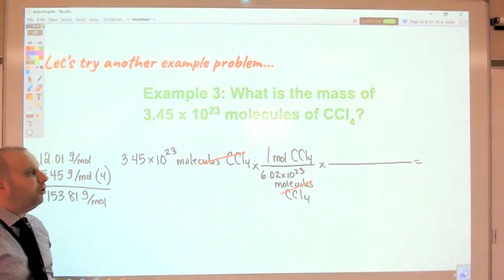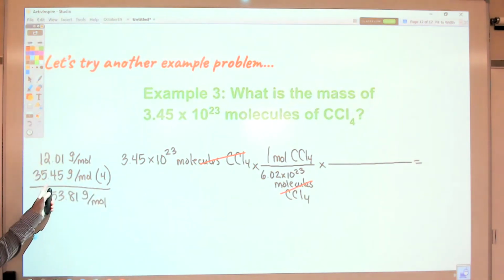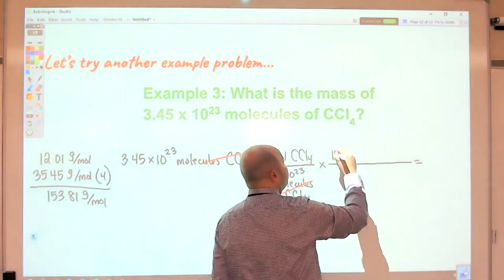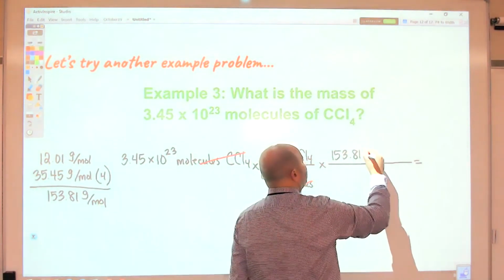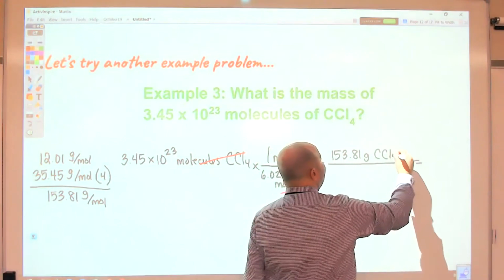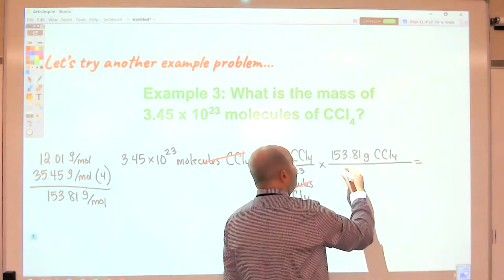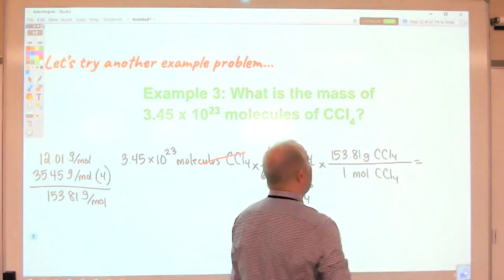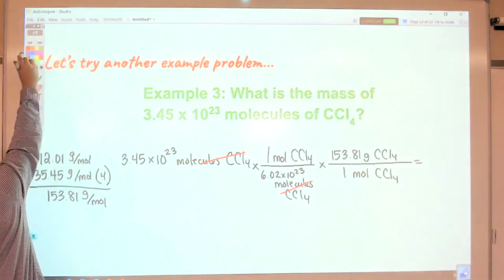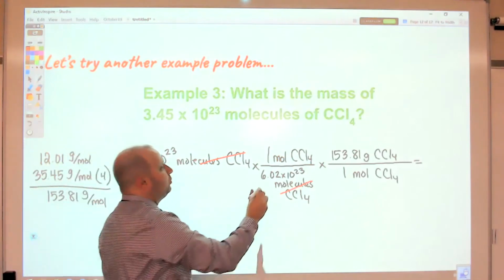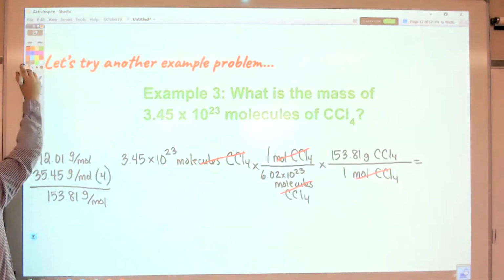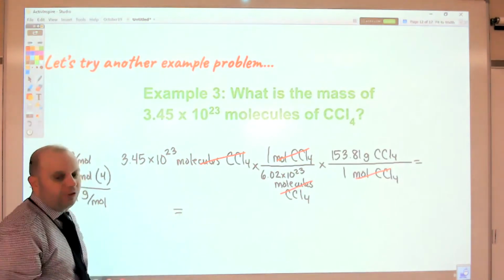And now for the next part, I can use my molar mass to get to grams. So 153.81 grams of CCl4, that part goes on top. And then 1 mole of CCl4 will go on the bottom. I can now cancel out moles of CCl4, so that part will drop out. Now I can calculate my final answer.